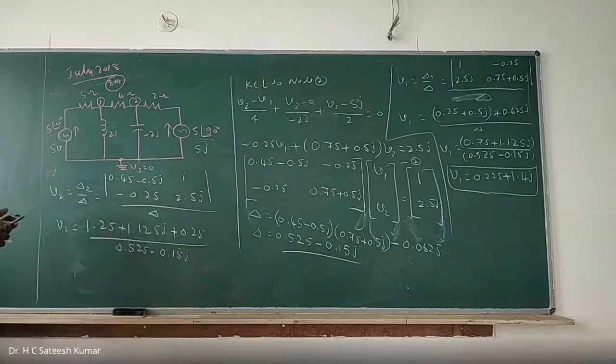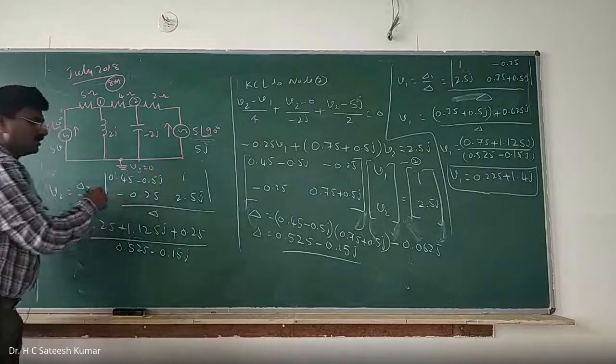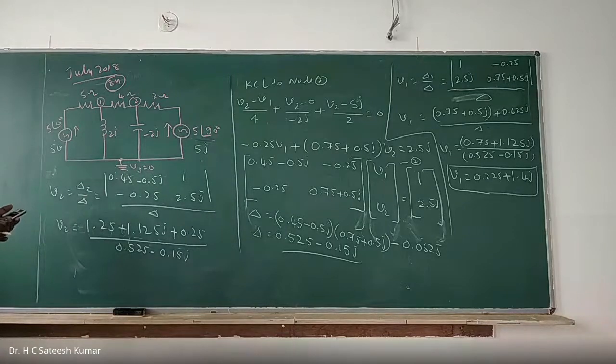For this one we add minus of minus 0.25 to the numerator: 1.5 plus 1.125J, divided by bracket 0.525 minus 0.15J, close the bracket.